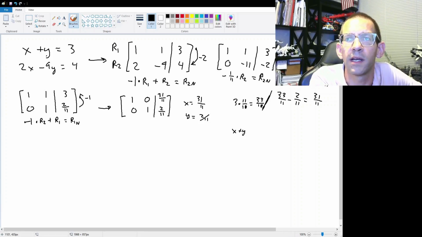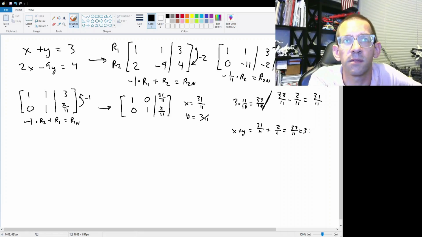X plus y is equal to 31/11 plus 2/11, which is equal to 33/11, which is 3. If you check the constant in the original system of equations, or system of linear equations, it's 3. So that's equal to 3, and I'm pretty sure that's checked.